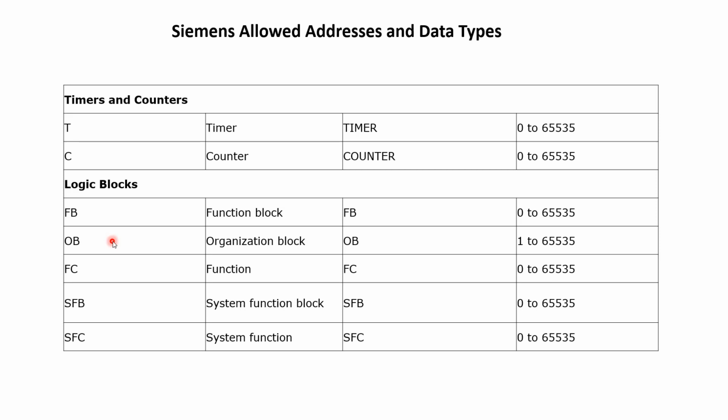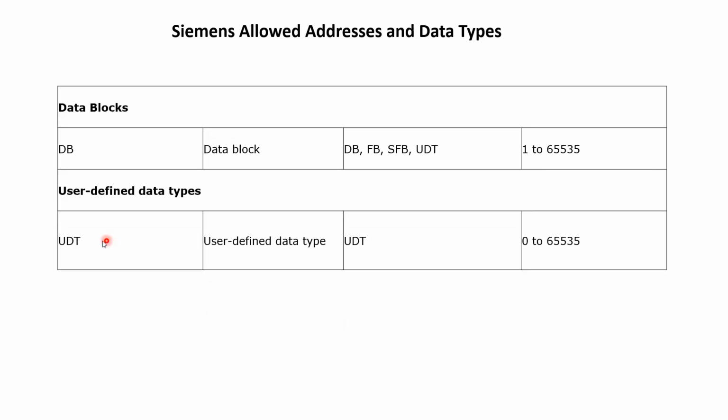Okay, let's move on. This is the last slide. Data blocks. Okay, like I've indicated in the previous slide, a function block comes with a data block. This data block is a memory area where values are stored for a particular function block, or you can just create a data block in the Siemens engineering tool.